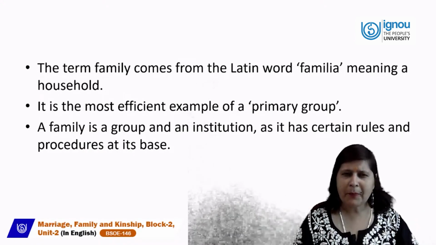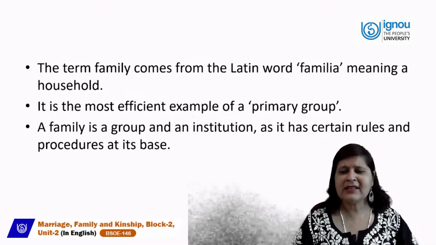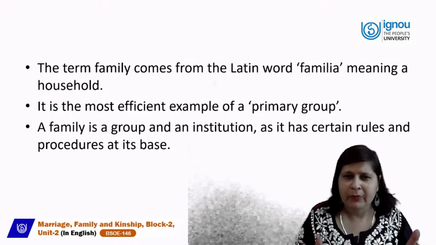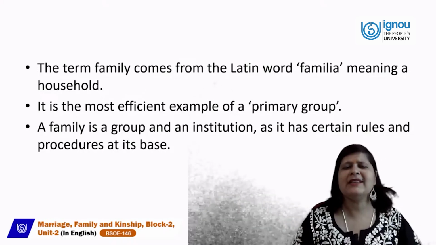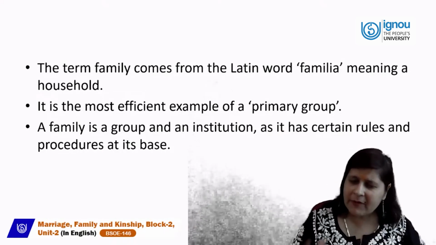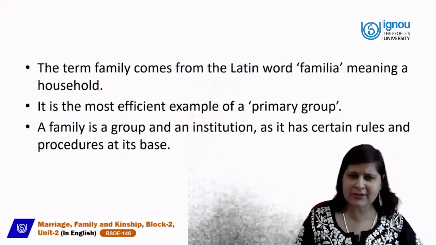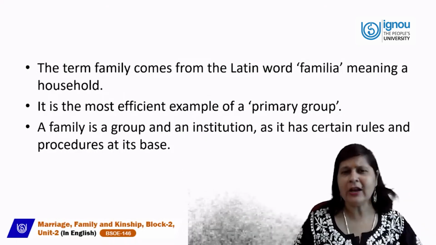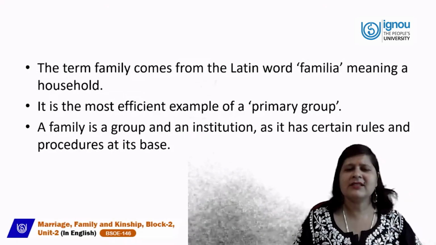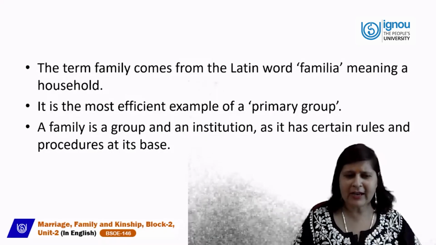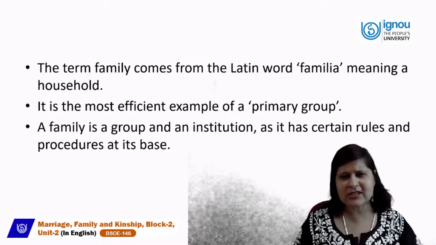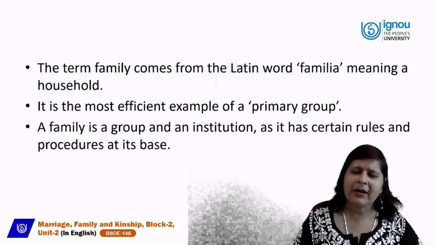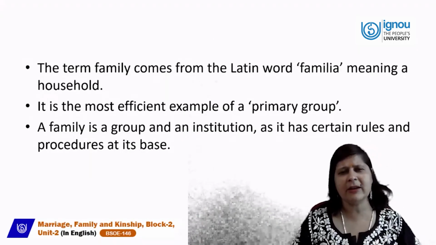The family is a group and an institution as it has central rules and procedures at its base. Don't confuse whether family is a group or an institution. Family is both. It is a primary group, and it is an institution because there are certain rules and procedures at its base, right?